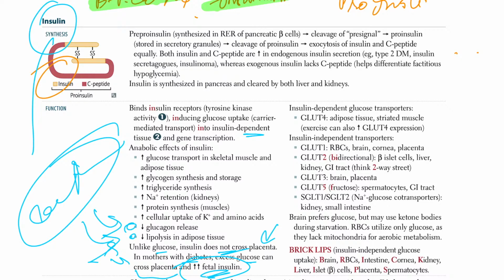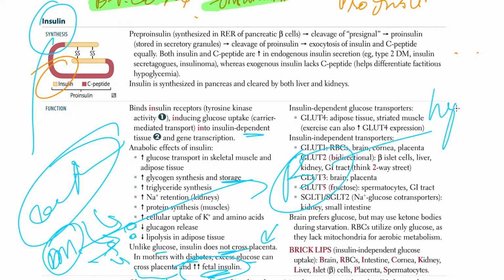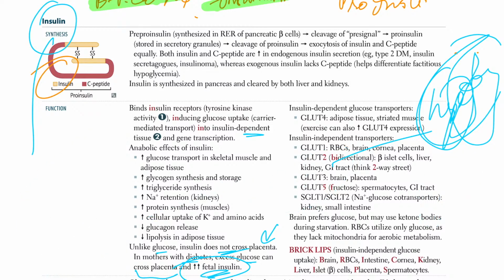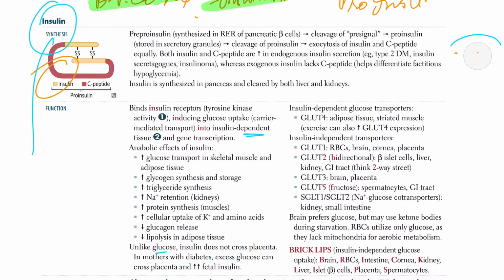In the diabetic mothers, what's going to happen is the child will go through hyperplasia of those beta cells. So as soon as they're born, they will go into hypoglycemia because they have a lot of insulin and they're not getting glucose. So they will go into hypoglycemia. And this is one of the complications of gestational diabetes, which I guess we will talk about in repro.